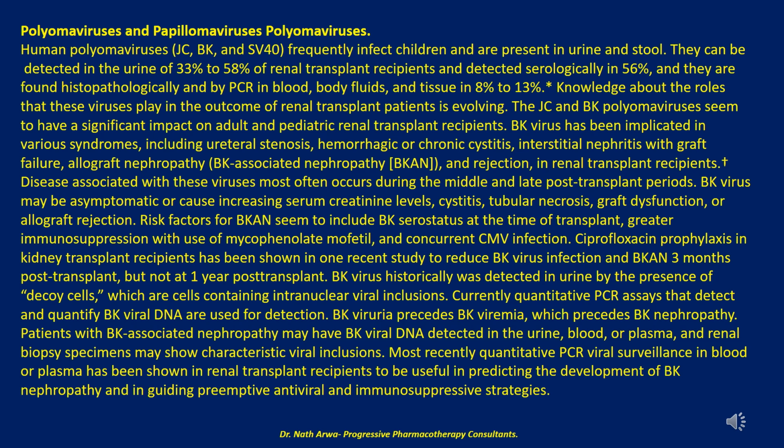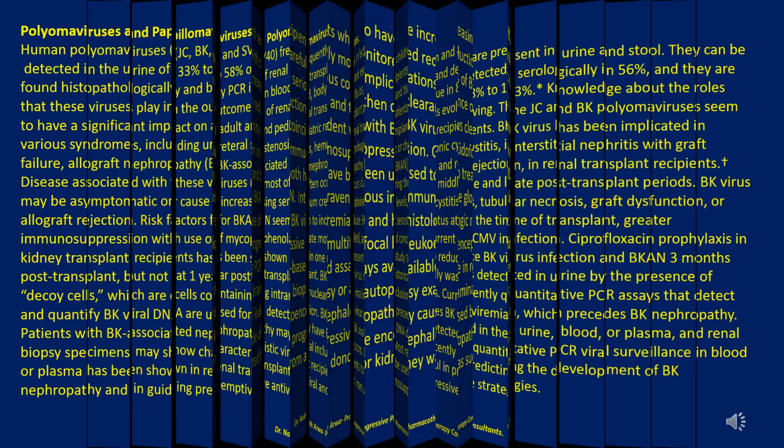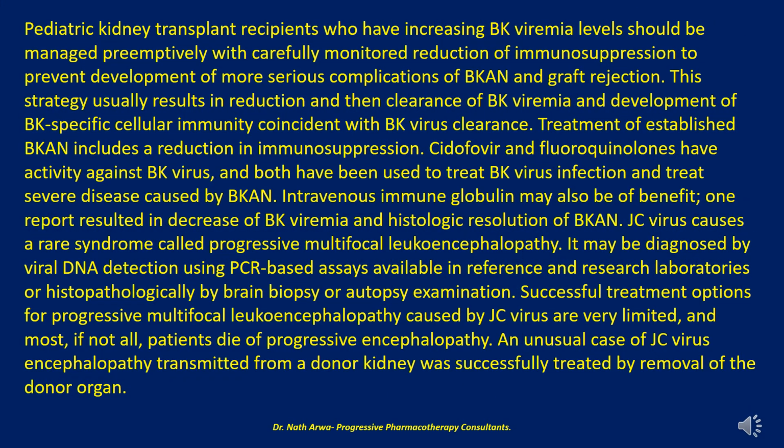Most recently, quantitative PCR viral surveillance in blood or plasma has been shown in renal transplant recipients to be useful in predicting the development of BK nephropathy and in guiding pre-emptive antiviral and immunosuppressive strategies. Pediatric kidney transplant recipients who have increasing BK viremia levels should be managed preemptively with carefully monitored reduction of immunosuppression to prevent development of more serious complications of BKAN and graft rejection.